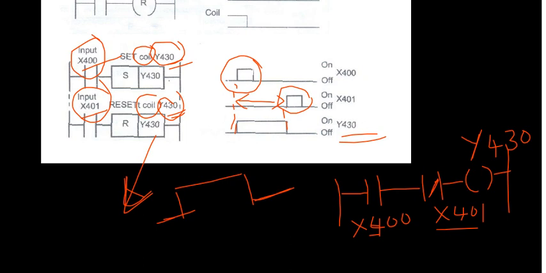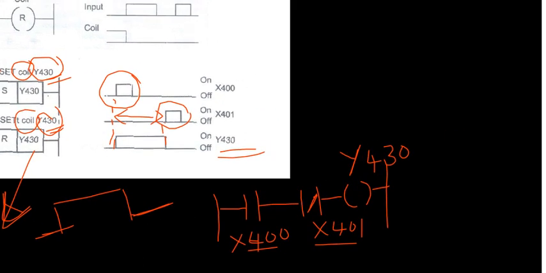We need to have the instructions for this. Let me write the instructions. We have LD X400, the first case: LD X400, and very importantly now S Y430. LD X400, understandable. S means you are setting the coil with the address Y430. This is for the first case.